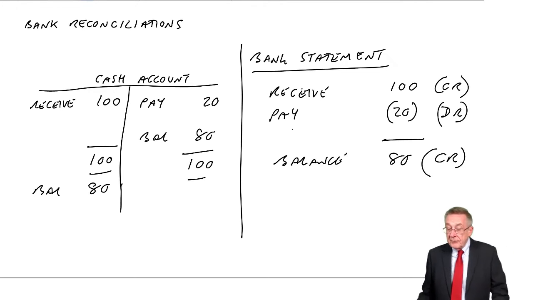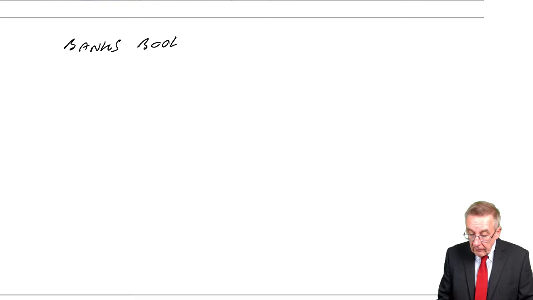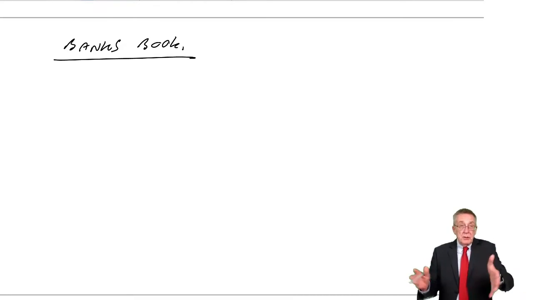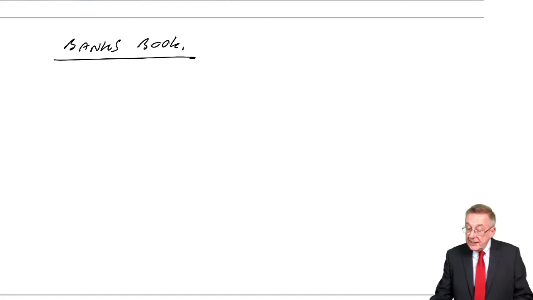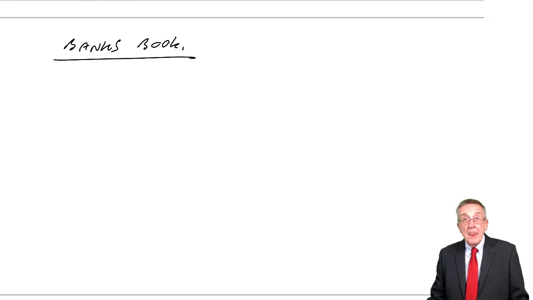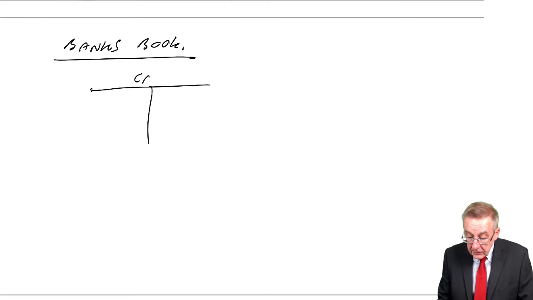Now, there is a good reason for it. The reason is, you see, that in the bank's own books, the bank will have its own nominal ledger and things. And if I put 100 cash into the bank, the bank has received 100. So in its cash account, it debits 100.